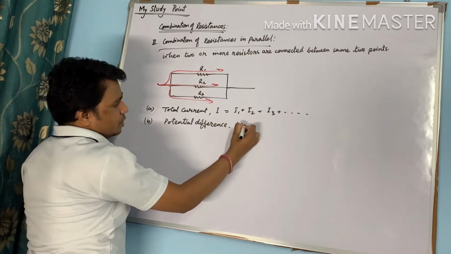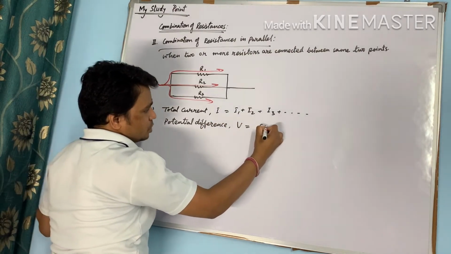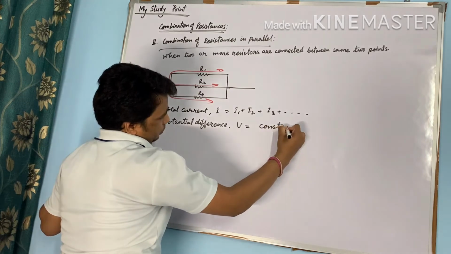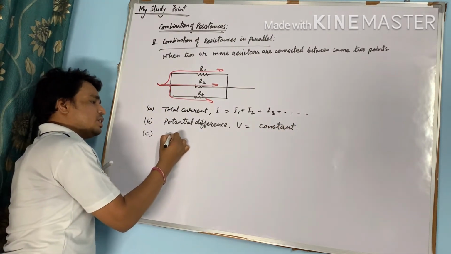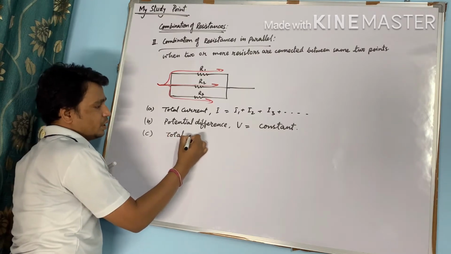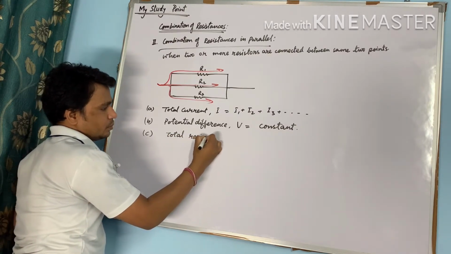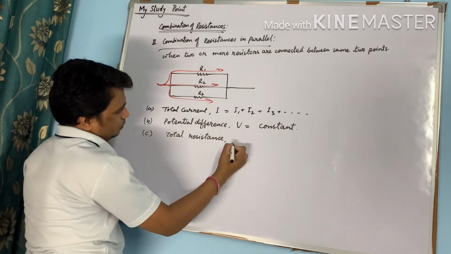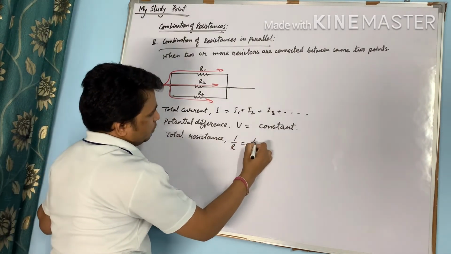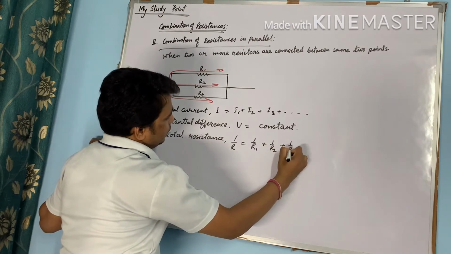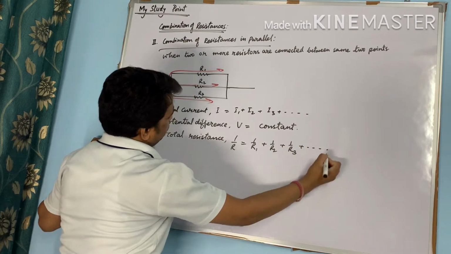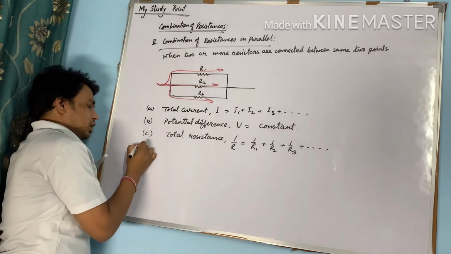The potential difference between any two points is always constant in parallel. And third, the total resistance or equivalent resistance: 1 by R is equal to 1 by R1 plus 1 by R2 plus 1 by R3 and so on. Let us see the derivation of this formula.